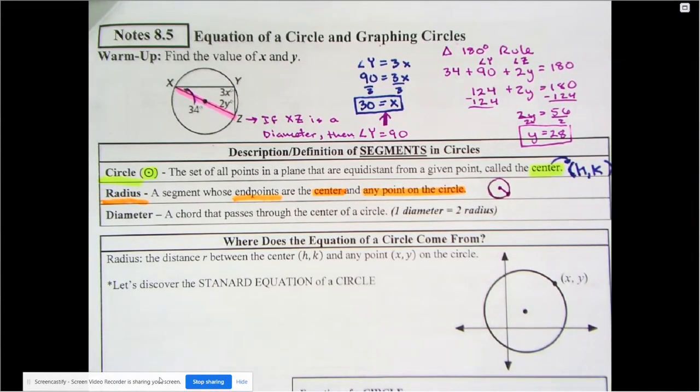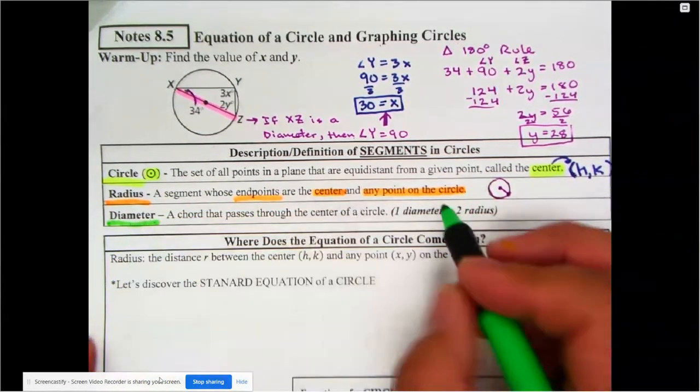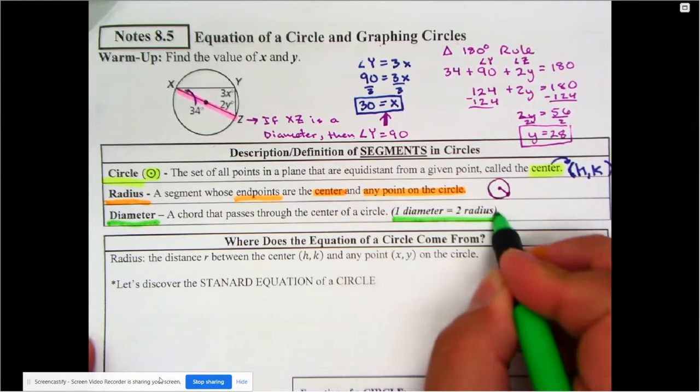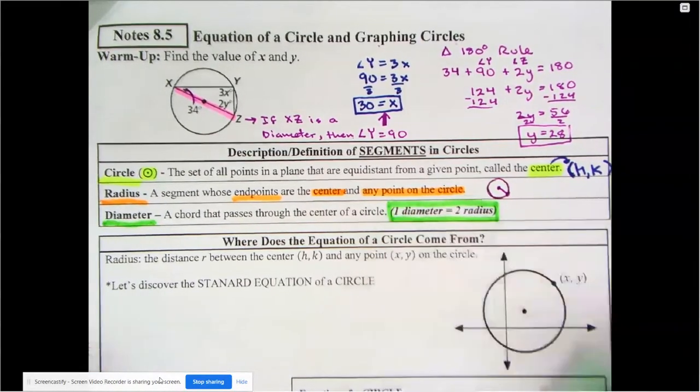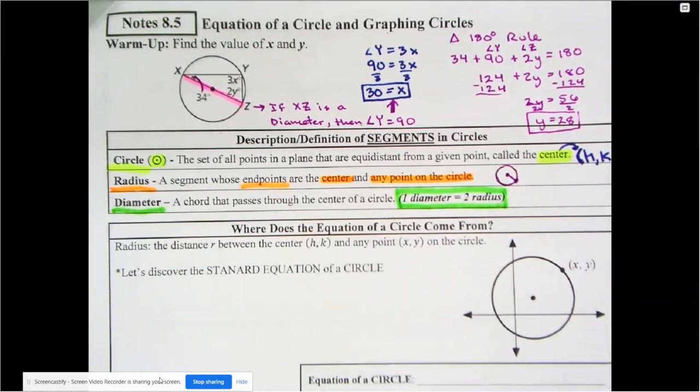And then, of course, it says a diameter. A diameter is a chord that passes through the center of a circle. But I think the most important piece is this. If they were to give us a diameter, remember, one diameter is equal to 2 radius. So if they give us a diameter, remember, we're going to need a radius today.